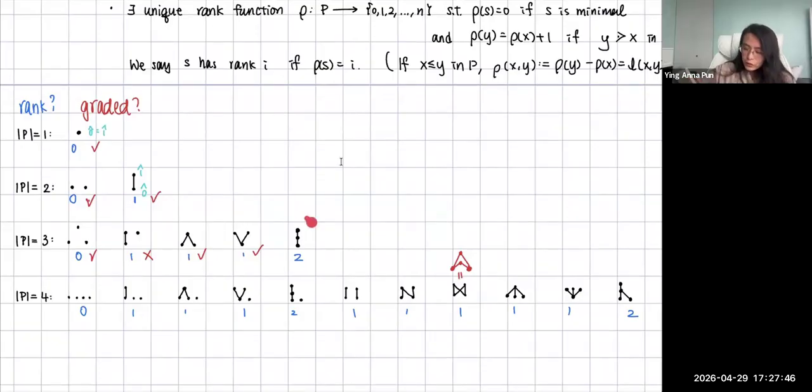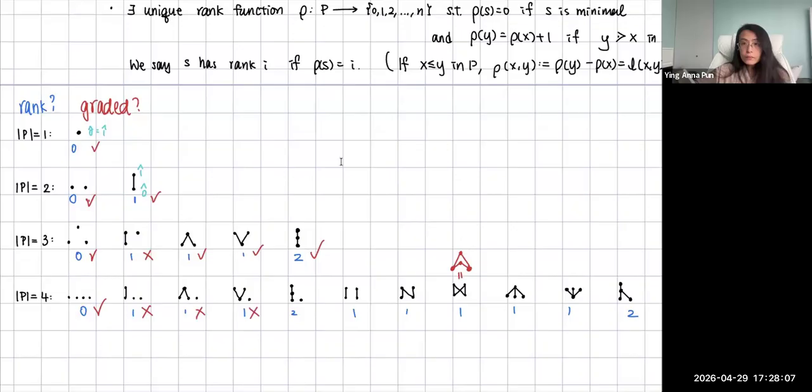Okay. So here you can see that this guy is obviously graded because you only have one maximal chain. Every maximal chain here has the same length 0, so therefore this is graded. This is not graded because you have all these guys here. Here, not graded because of this guy.